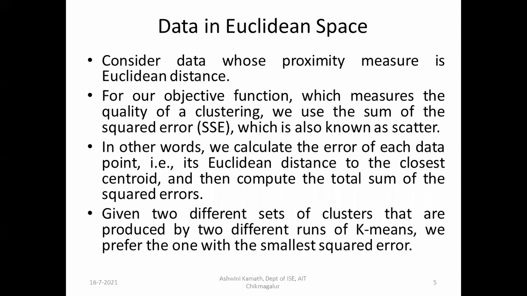Given two different sets of clusters that are produced by two different runs of k-means, we prefer the one with the smallest squared error. So remember, we have two sets of clusters produced by two different runs. The k-means algorithm is the same, but we have executed it twice. Sorry, not with different sets of data; we'll have the same set of data, but we get two different sets of clusters. We are executing k-means twice, and here we prefer the one with the smallest squared error.